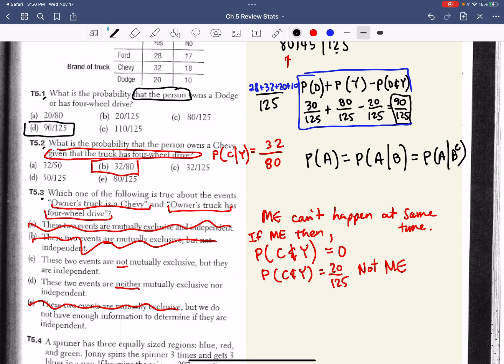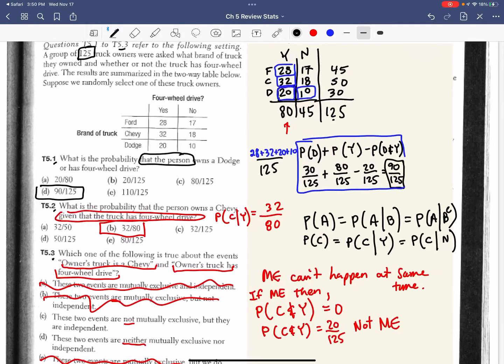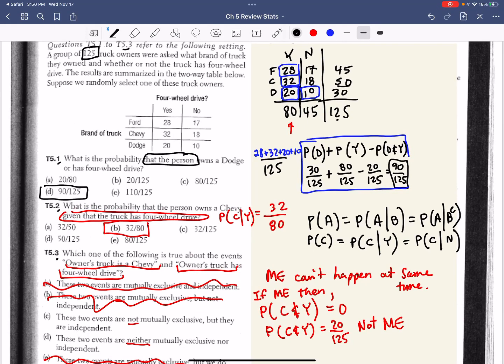Does the probability of owning a Chevy equal the probability of owning a Chevy given you have four-wheel drive, and also equal the probability of Chevy given that you're not four-wheel drive, so that would just be no. So what is the probability of Chevy? It looks like that's 50 out of 125.